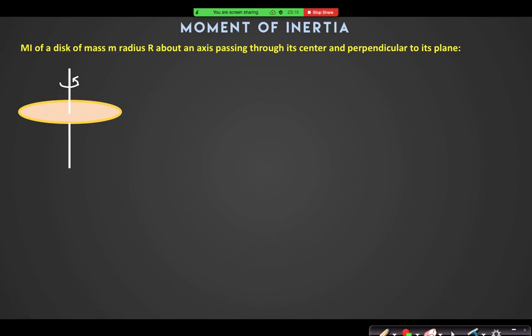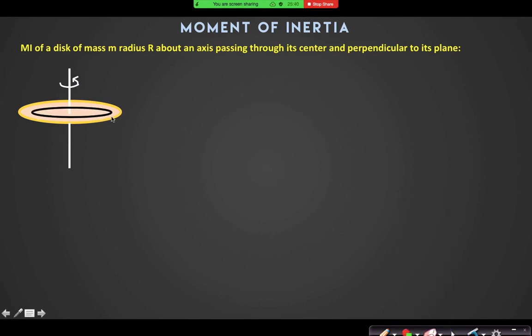Can you find the moment of inertia of this disk? Let us take a small ring which lies at a radius small r, and the thickness being dr. So can I say that the mass of that small ring is the area, which is 2 pi r times dr, multiplied by mass per unit area of the disk, which is m divided by pi r square?